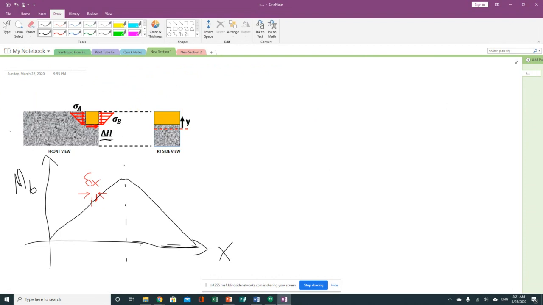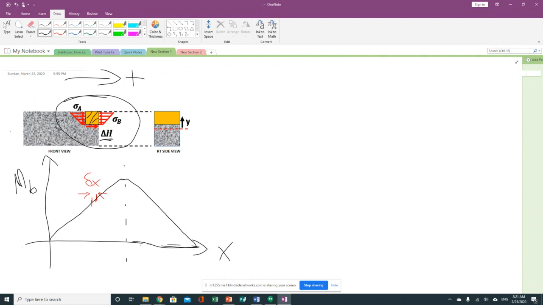So if this is our free body diagram for our stress cube, this little tiger-striped guy here, let's do a summation of forces on that in the horizontal direction. We'll say that way is the positive direction.